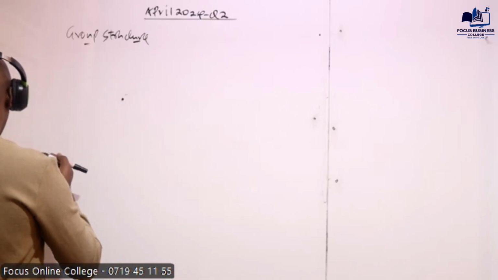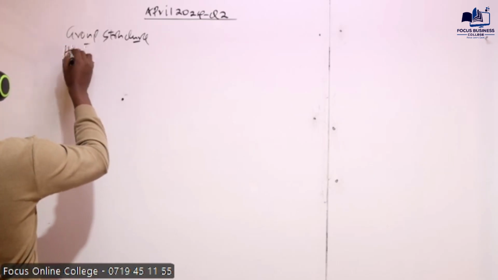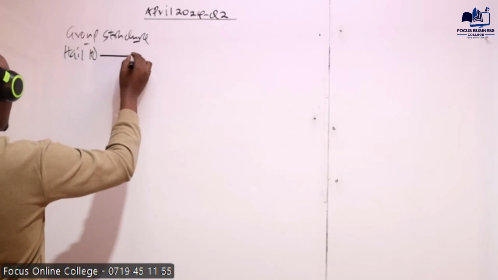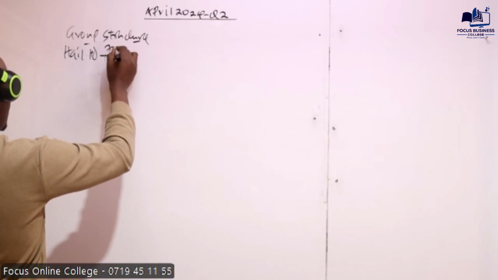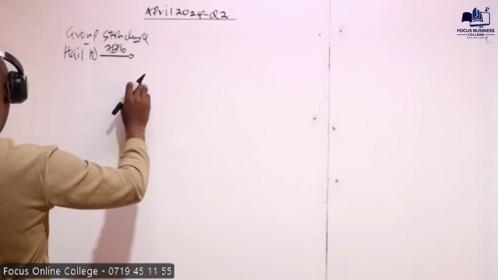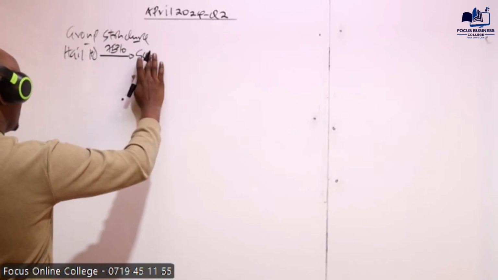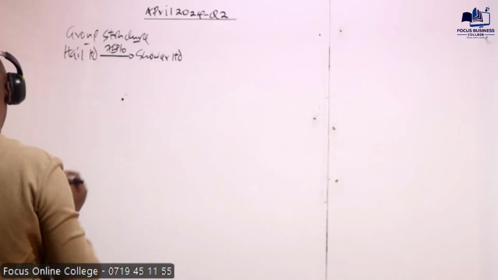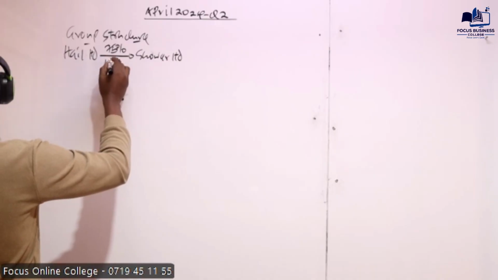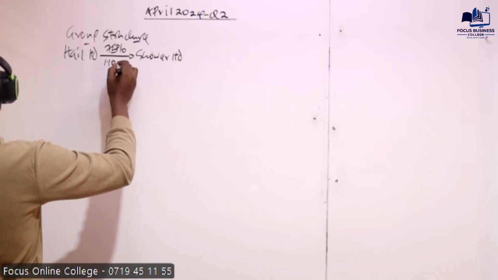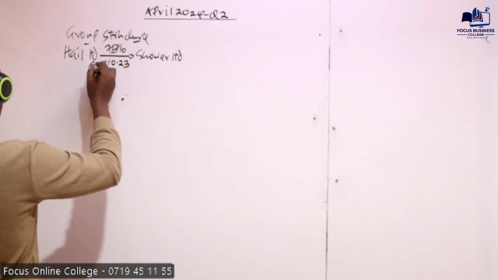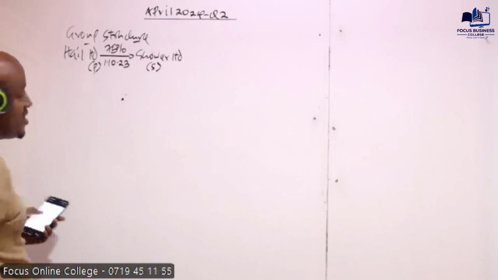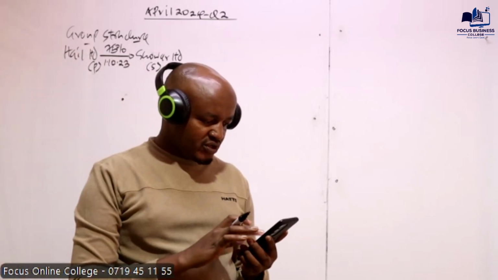So first, the company called Bv Limited acquired 75% of the ordinary shares issued by the company called Yv Limited, and the acquisition took place on 1st of October 2023. Automatically from this information, this one will be the parent company, whereas this one will be the subsidiary. That is the information we have there.